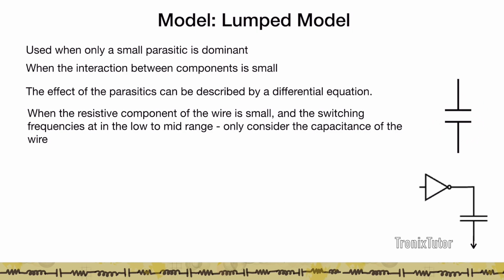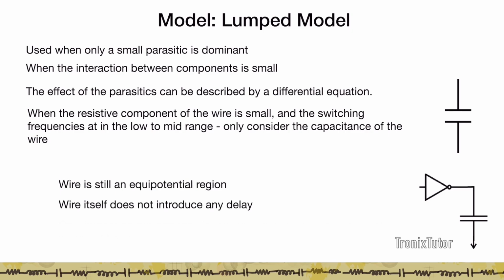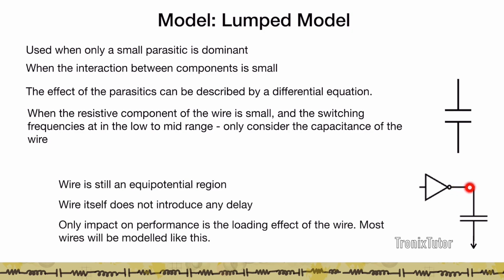And in that case, the wire still remains an equipotential region. However, the wire by itself will not induce a delay in the system. But what the wire does is load the driver, and hence it will impact the performance of whatever is connected prior to the wire. So this additional capacitive load is going to slow down this gate.